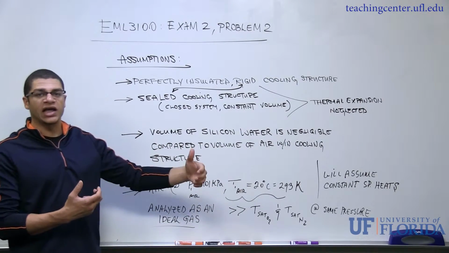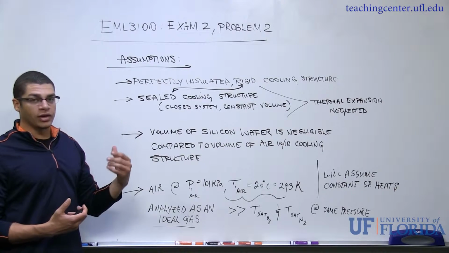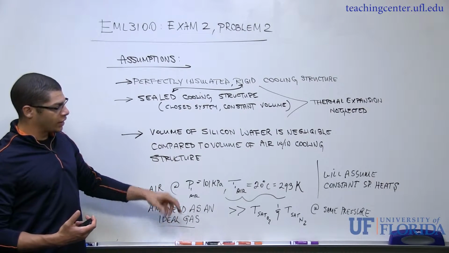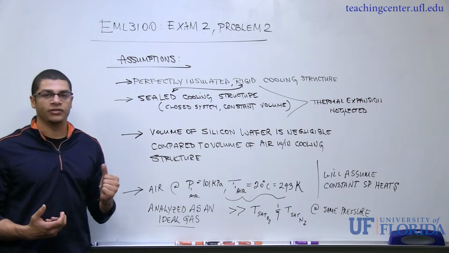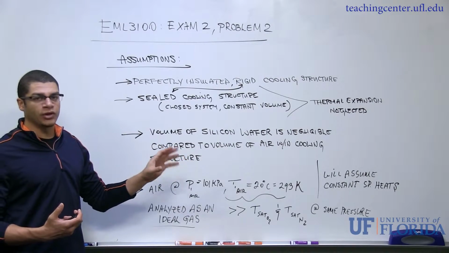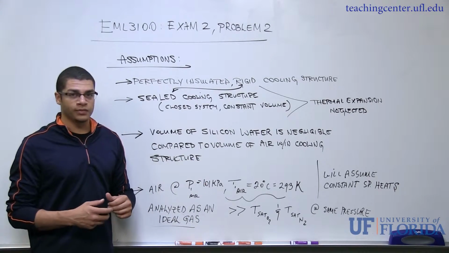And because it's such a highly superheated vapor, it's not a bad assumption that the air itself can be analyzed as an ideal gas. Also, it's likely we'll be having to use the heat capacities, and we'll assume that they remain constant during the analysis, and we'll neglect their temperature dependence.